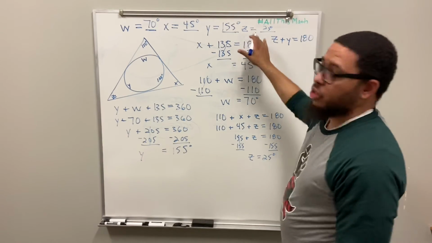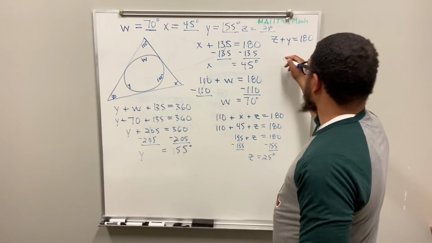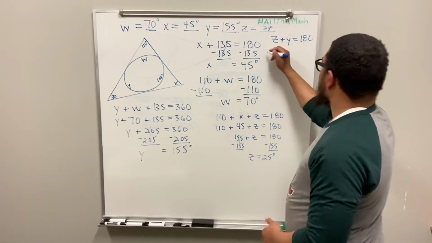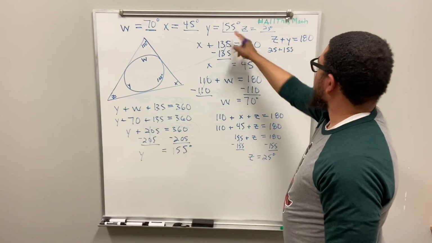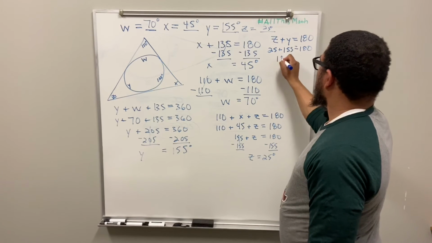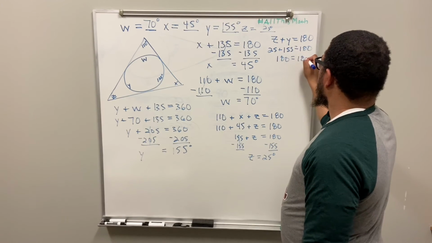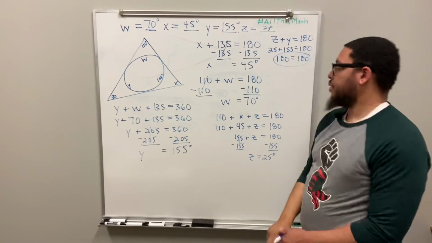Now I'm going to act like I know what Z is, because I'm trying to check my work. So is 25 plus 155 equal to 180? It sure is. So that's proof that Z is 25.